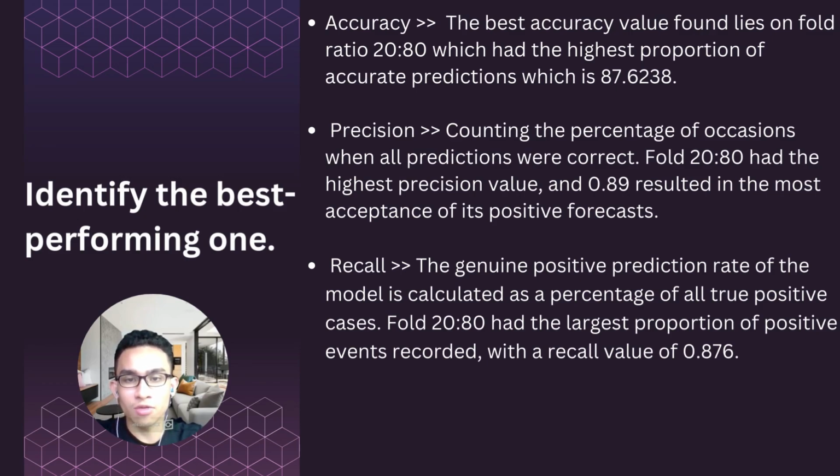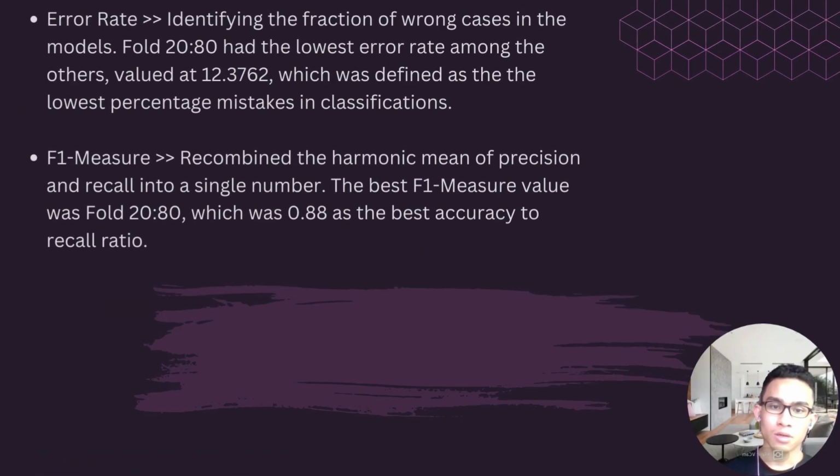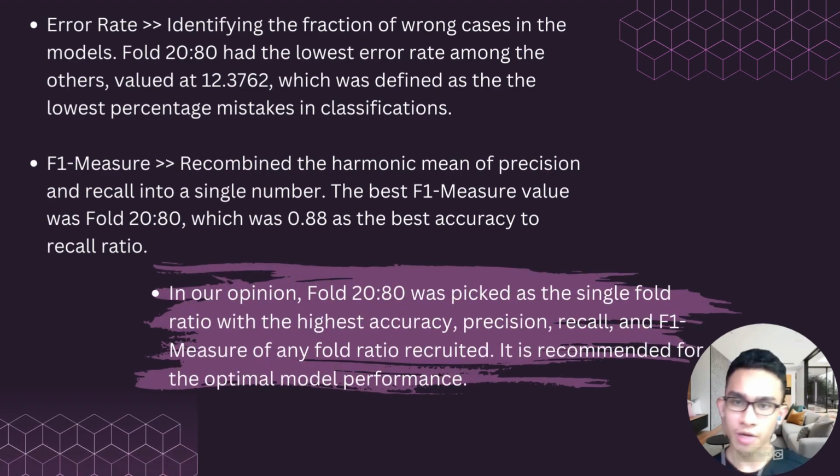The third one is the recall value compared to the other four ratios. The mean positive prediction rate of the model is calculated as the percentage of all true positive cases. This means that the 20 to 80 ratio had the largest proportion of positive events recorded, with a recall value of 0.876. The next one is the error rates.